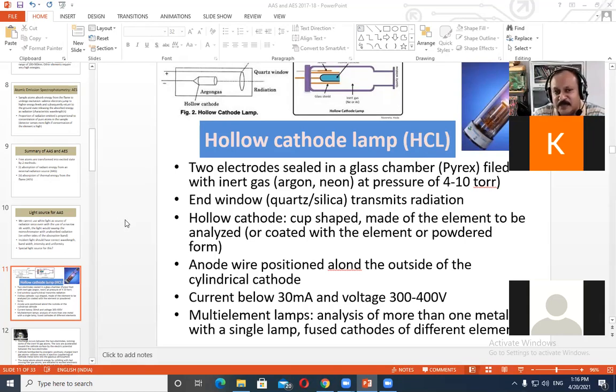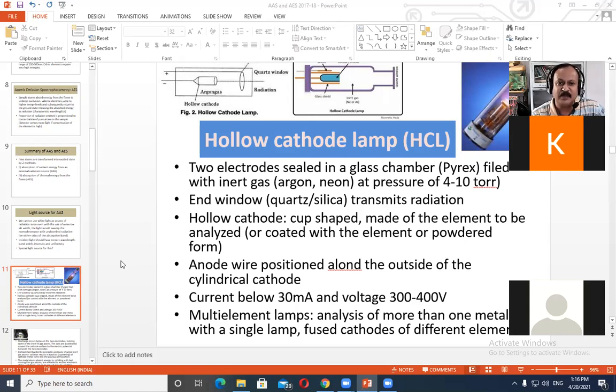So inert gas atoms will bombard the cathode material, and that kinetic energy will be transferred to the cathode atoms, which will get excited, and when they come back to the ground state, they will emit radiation. That radiation is of a characteristic wavelength, relevant to that particular metal only, and therefore we have very specific radiation coming from that lamp source, which goes into the sample.